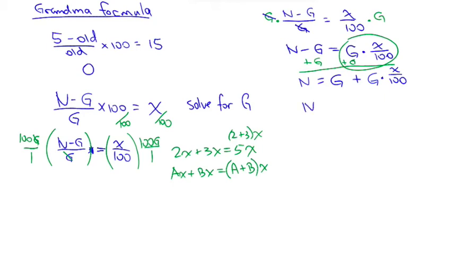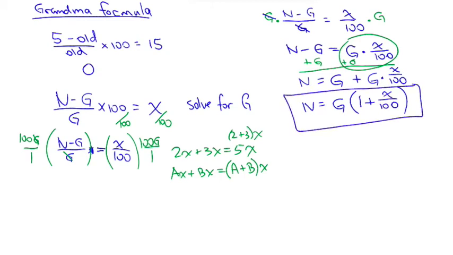N equals g, and the coefficients are going to be left inside the parentheses. What's the coefficient of the first g? 1. What's the coefficient of the second g? The coefficient is any number that's next to it, which is x over 100. It's the thing next to g. So what's left behind is x over 100.